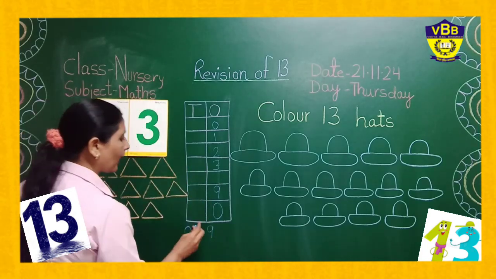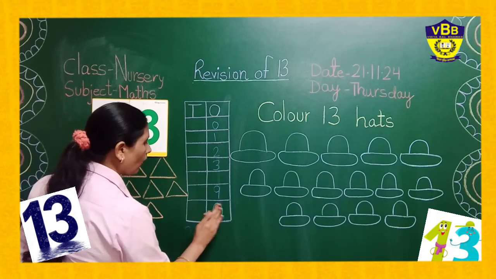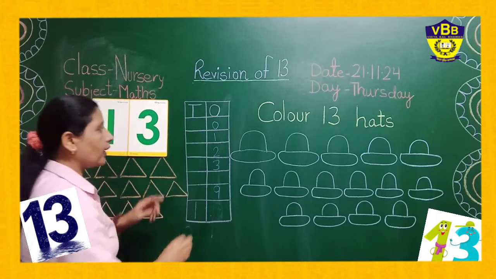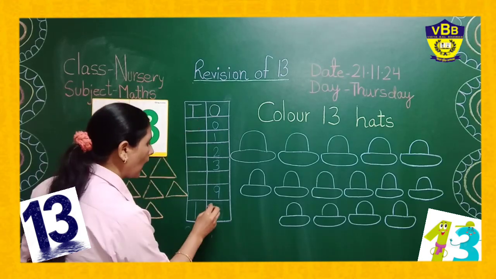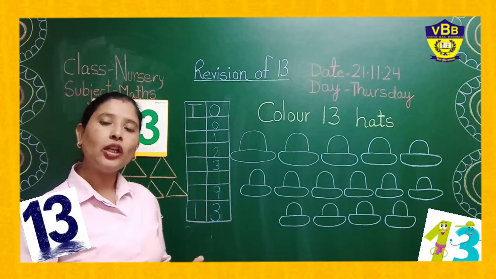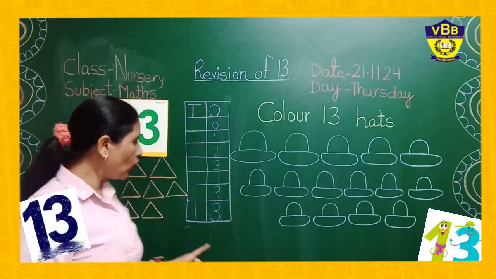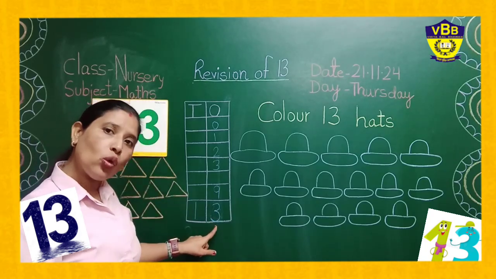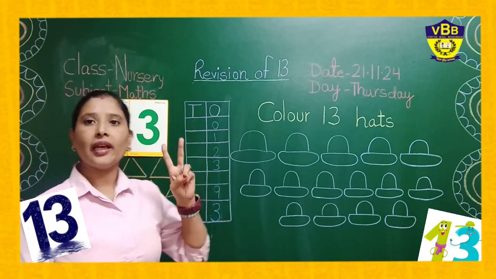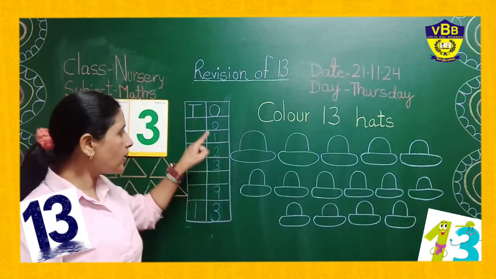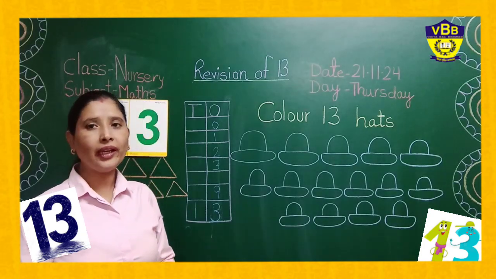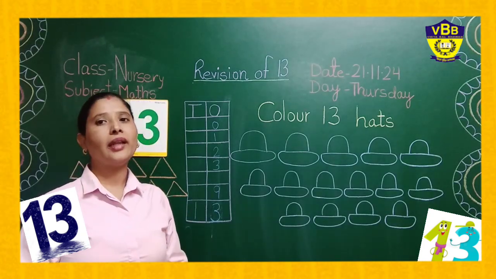We will write 1 under the tens place and 3 under the ones place. This is a very important thing to remember while you are writing numbers above 10.